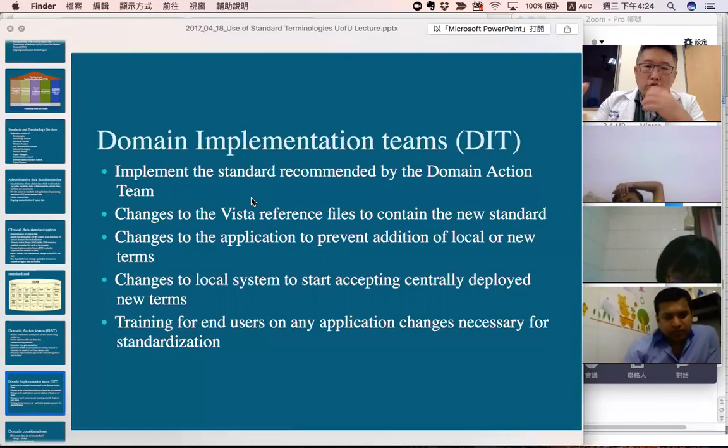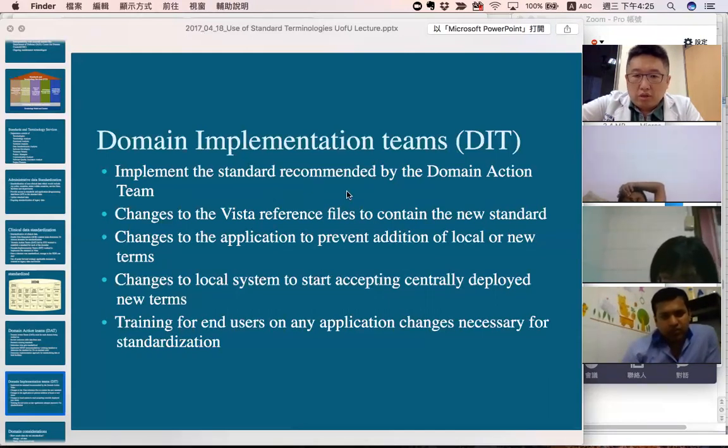You need to draw the architecture first, then the workers can build the house from that. So the implementation team will create the system based on the recommendation from the domain action team.